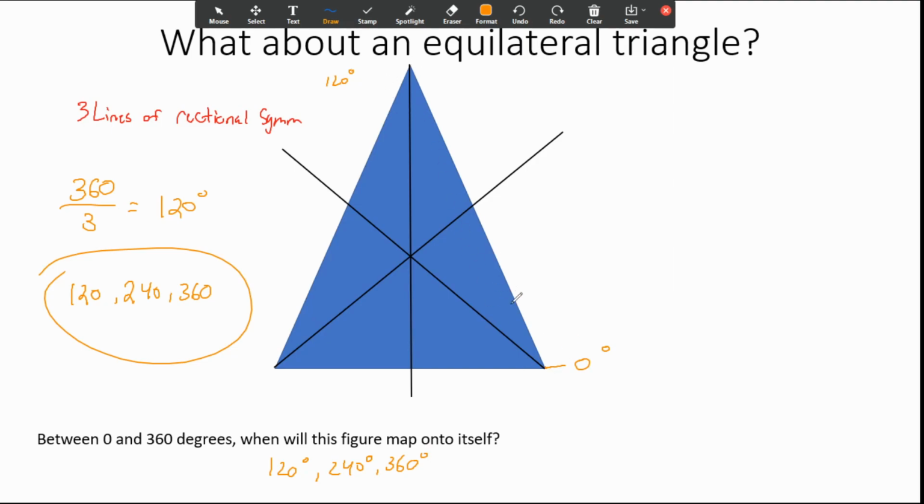At 120 degrees, this point will be here. Now this does say equilateral, and this is definitely not an equilateral. This is an isosceles at best, possibly a scalene. So obviously, graphically, we don't trust our eyes, but we do know through these symmetries that these will map at those 3 rotational points.